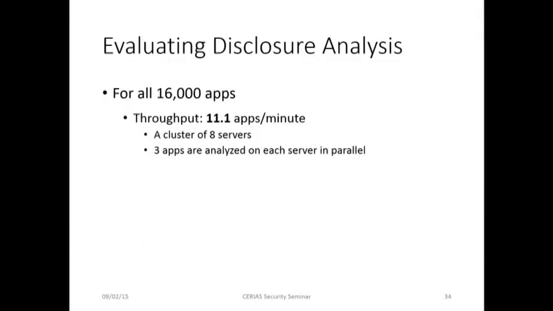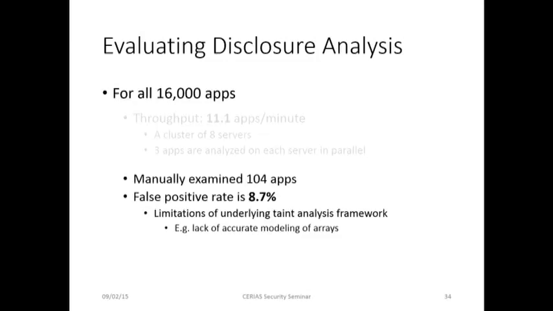For the sensitive user inputs disclosure analysis part, the whole throughput is about 11 apps per minute on a cluster of 80 servers with 3 apps analyzed on each server in parallel. And we manually examined 104 apps and found that the false positive rate is about 8.7%.